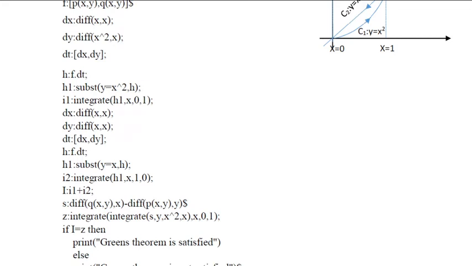Let's execute this one in Maxima and see what we get.